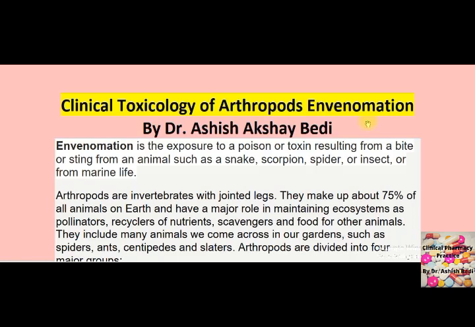The literal and correct term would be envenomation, because we can't deny that poisoning is also a wrong term, but the correct term would be envenomation. If you want to say snake poisoning, you can, but if you want the correct term, that would be snake envenomation. So envenomation is exposure to a poison or toxin resulting from a bite or sting from an animal such as a snake, scorpion, spider, insect, or marine life.